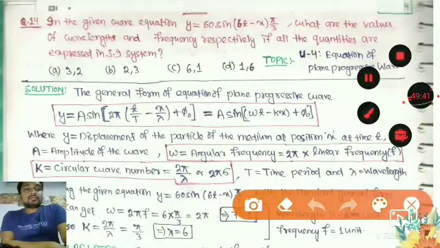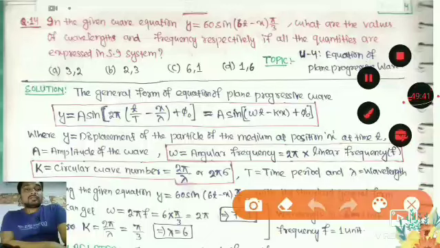The extra is the relationship between particle velocity u and wave velocity v. A wave consists of particles, so there must be a particle velocity and a wave velocity. The relation is u equal to minus v dy by dx, and particle acceleration a equal to minus omega square y, as in simple harmonic motion.